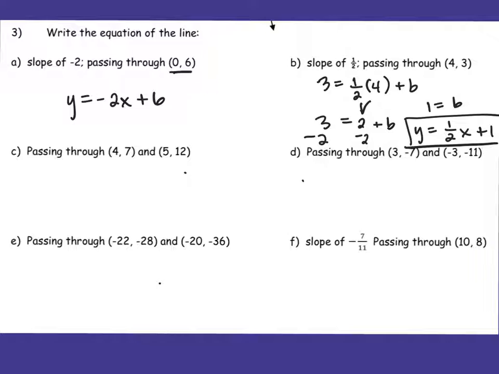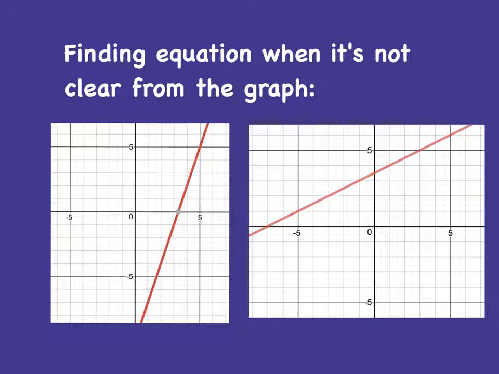And so what we're going to do is I'm going to introduce what's called the, okay, in just a minute. Hold that thought. So finding the equation from a graph when it's not clear where your y-intercept is. On this one, my y-intercept is somewhere down here, and on this one it's right here, but it's really hard to tell what it is.